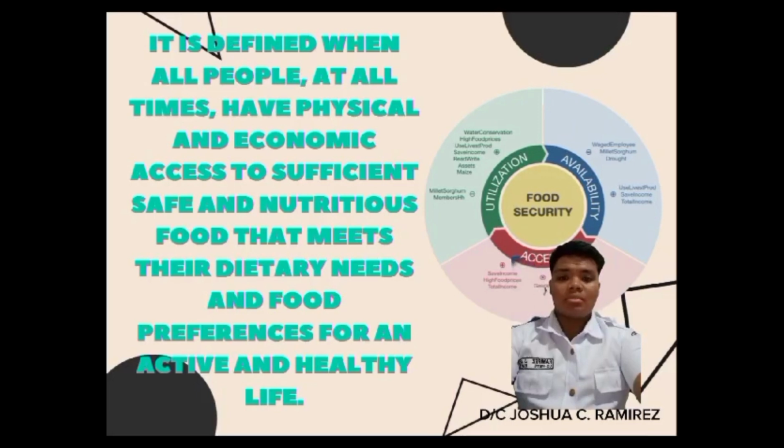Economically, it means having the financial means to purchase food at affordable prices. Social and economic factors such as income levels, employment opportunities, and food prices play a crucial role in determining access.